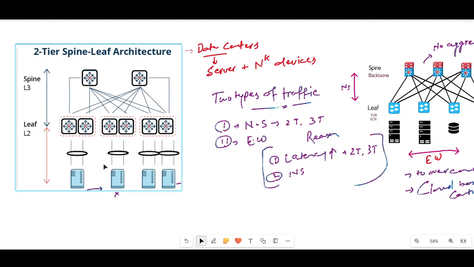There are many terms that are very important to understand spine leaf architecture. I hope you will understand and think about this.